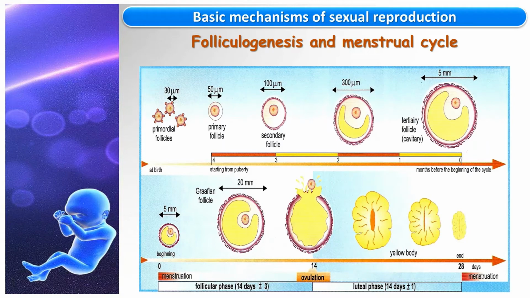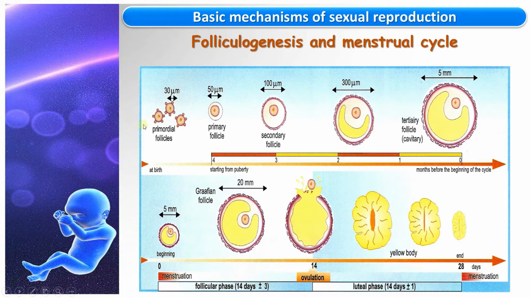First, what is folliculogenesis? Folliculogenesis is the development of follicles in the ovaries. 6 to 7 million primordial follicles are produced during the embryonic life after 20 weeks of pregnancy.